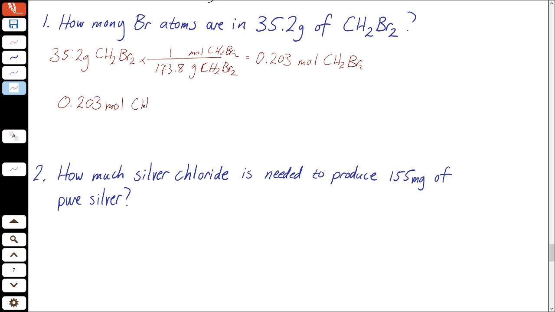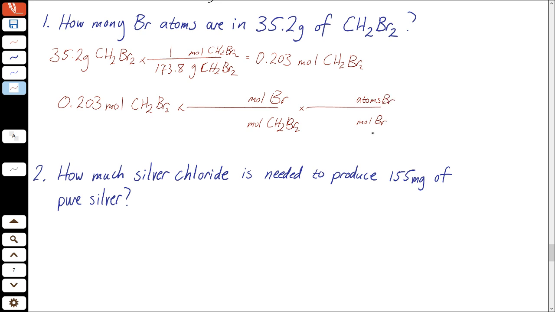So we take our 0.203 moles of the compound, and then we're going to convert from moles of the compound, CH2Br2, to moles of just bromine. And then to get atoms of bromine, we want a factor that goes from moles of bromine to atoms.